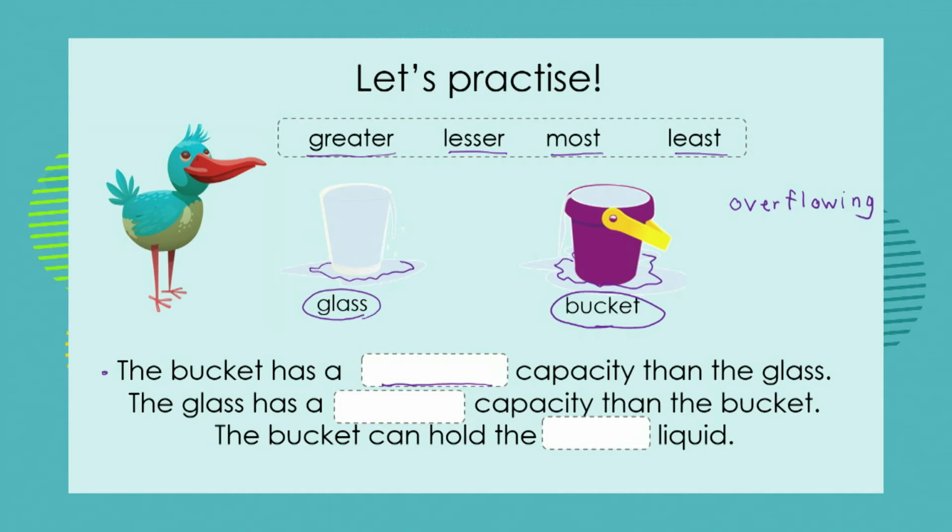So if we look at the bucket over here, would you say that the bucket has a greater or lesser capacity than the glass? Yes, fantastic. The bucket has a greater capacity than the glass, which means it can hold more water.